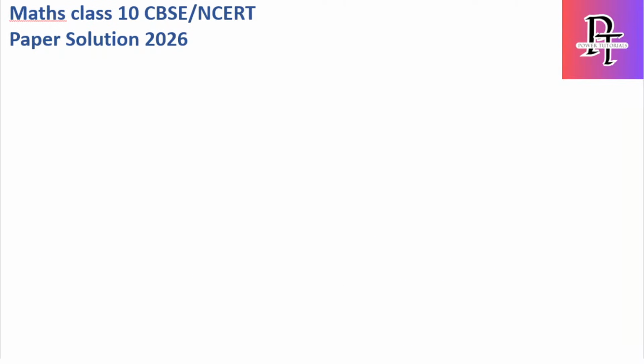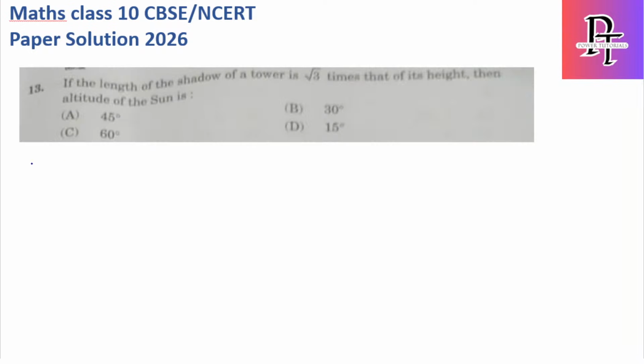Okay, let's move to the next one. 13th question. If the length of the shadow of the tower is root 3 times its height, then the altitude of sun. So this is a heights and distance chapter question, that is applications of trigonometry. Height we don't know, the shadow is root 3 times of height.